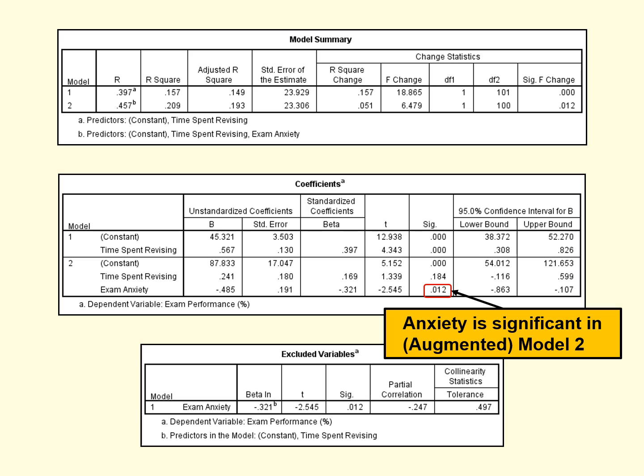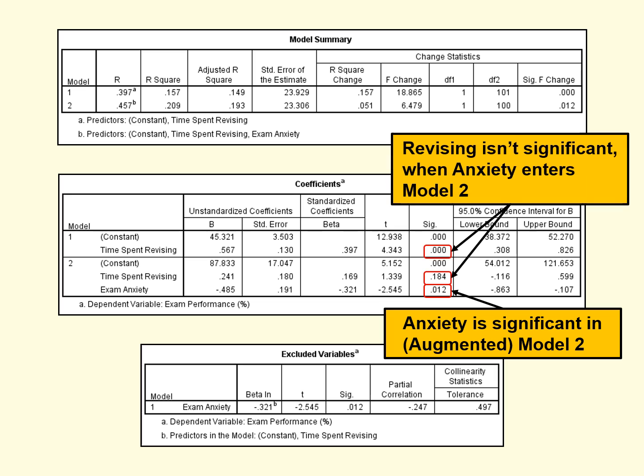If we go down to coefficients, it's interesting to note that anxiety is a significant predictor in the augmented model, version 2, that is, the second augmented model step when it's added in. It's also interesting to note that time spent revising isn't a significant predictor once anxiety enters the model.